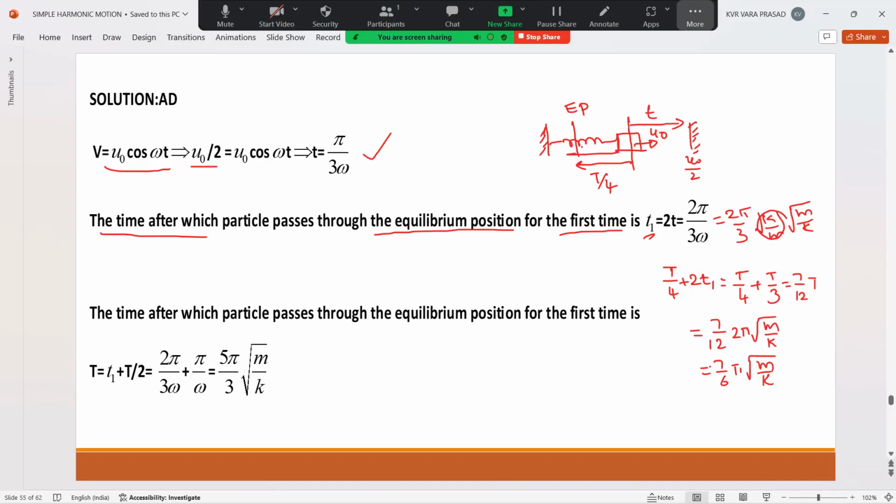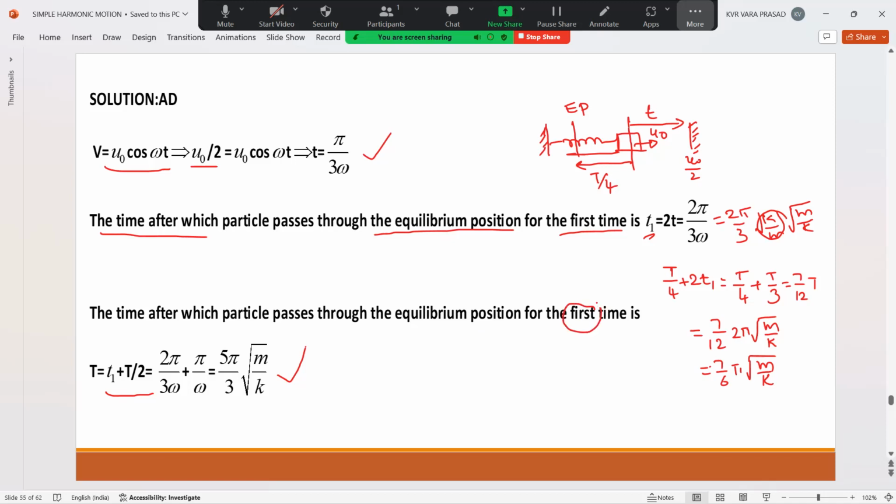Next, from here to the left extreme, T by 4, and from there back, again T by 4. It is T by 2. So I'm writing here t1 plus T by 2. That is 2 pi by 3 omega plus T by 2, that is pi by omega. This is the time after which it passes through the equilibrium position for the second time, not the first time. Here I have to make a correction for the second time.